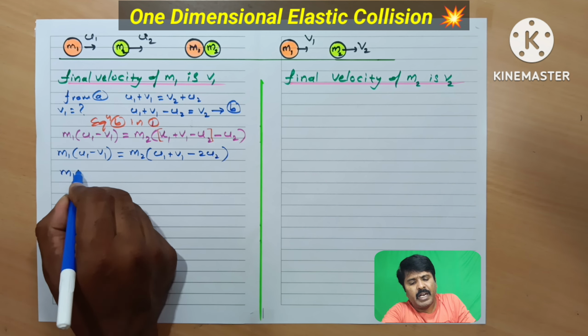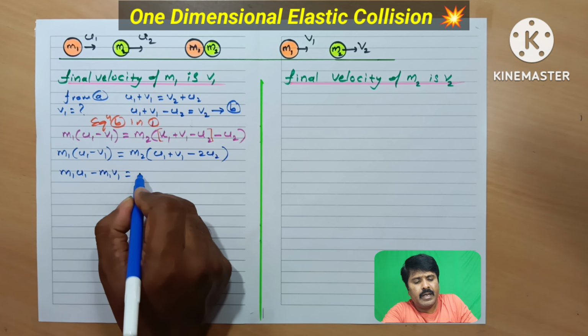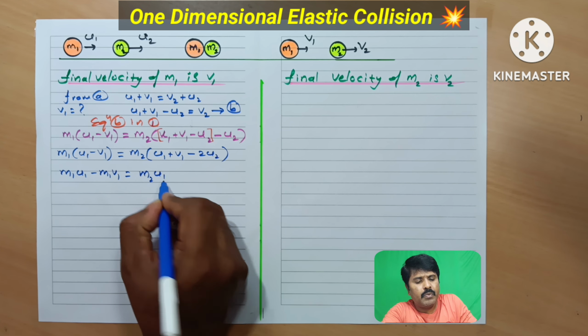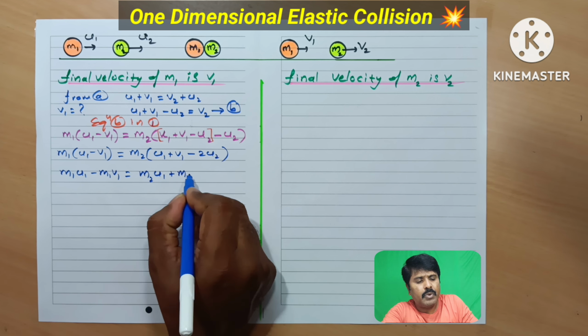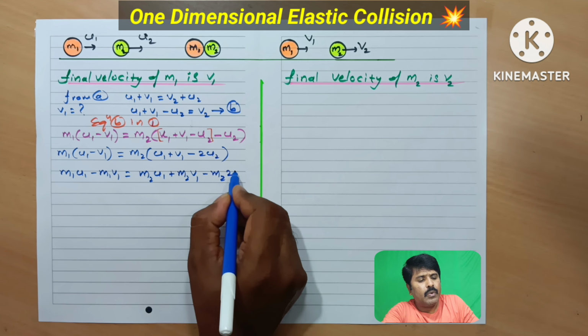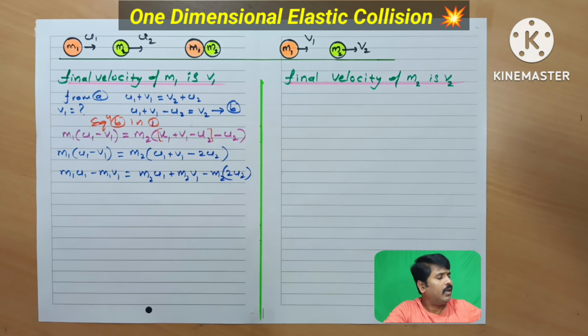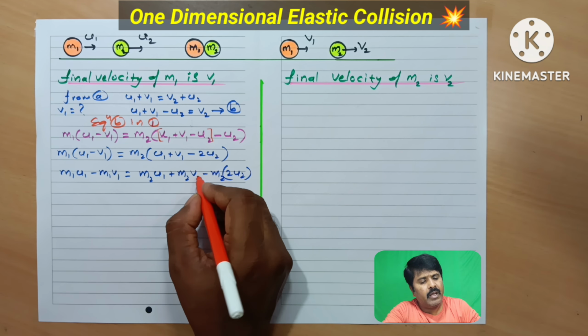Now m1 is multiplied: m1 u1 minus m1 v1 on the LHS side, and on the RHS side m2 u1 plus m2 v1 minus 2 m2 u2, student. And here we need to find the value v1.